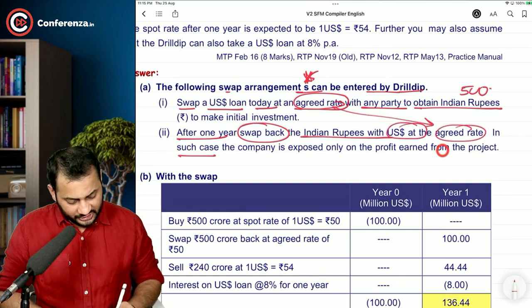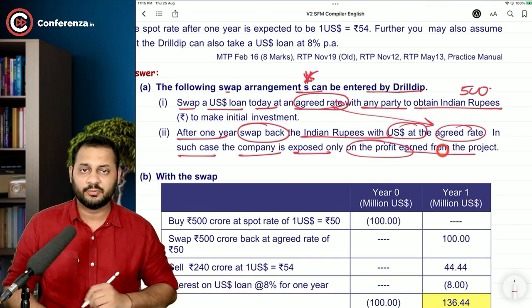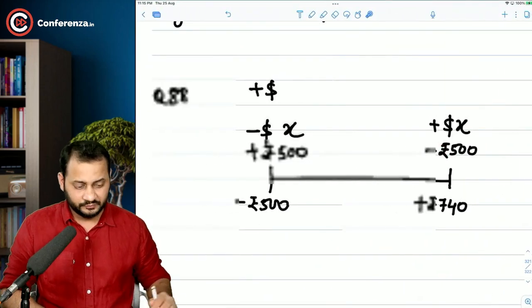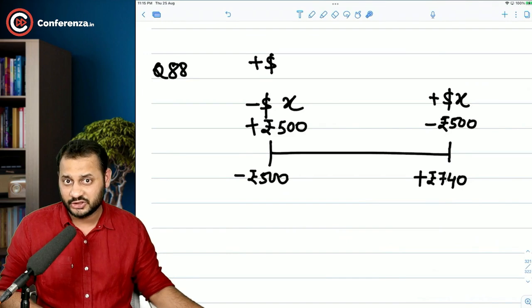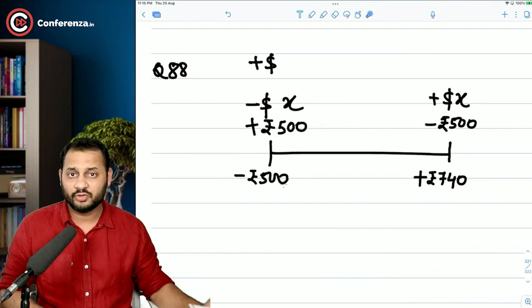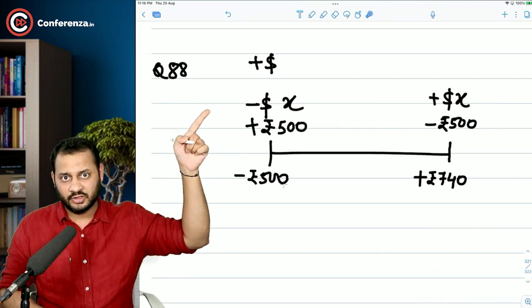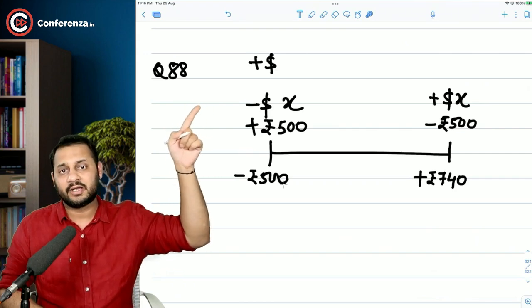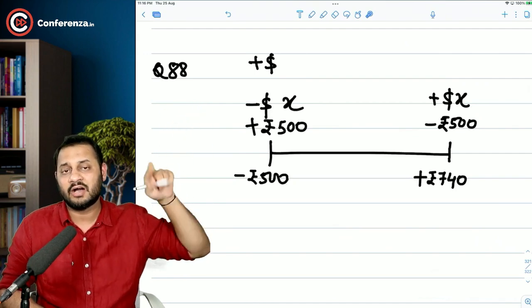Okay. In such a case, the company is exposed only on the profit earned from the project. That means only 240 crore will be exposed to the exchange rate fluctuation, because the 500 crore which the company invested by paying this much of the dollar will be returned back under the swap agreement after 1 year.